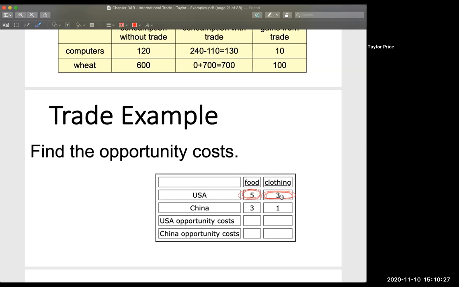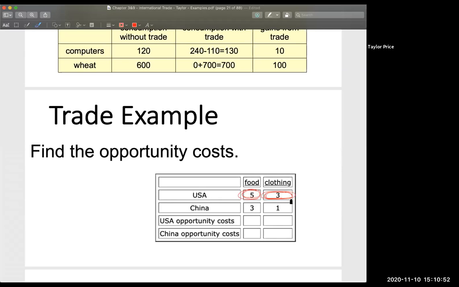So note that a country can have the absolute advantage in the production of both goods. It does not have to be true that one country has the absolute advantage in either good. Like in this case, one country can have the absolute advantage in both of the goods being produced.